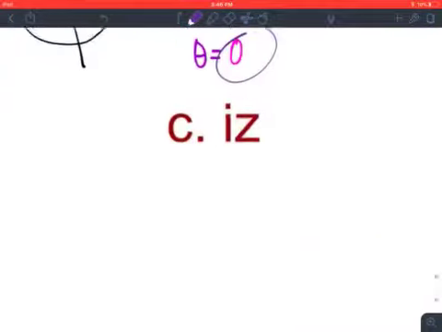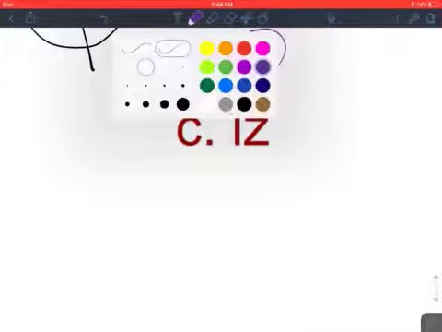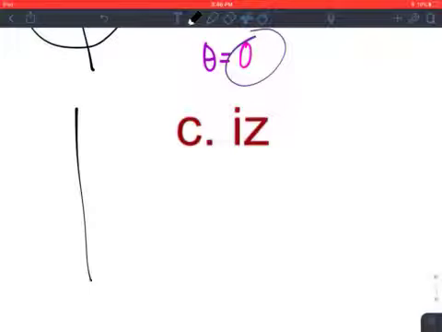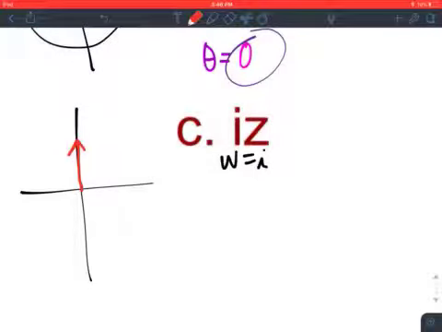Last one we should do, and we'll use a picture to make sure there's no mistakes on this one. Let's look at W. W is equal to I. Cosine is gone, and I have a vector here, 1 on the imaginary axis. So that means my argument is pi over 2.